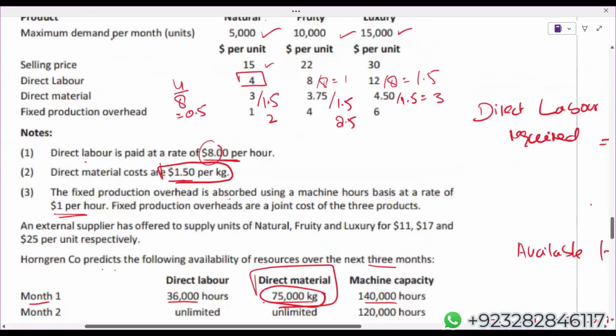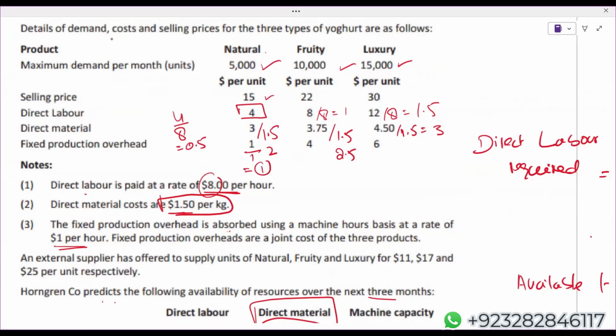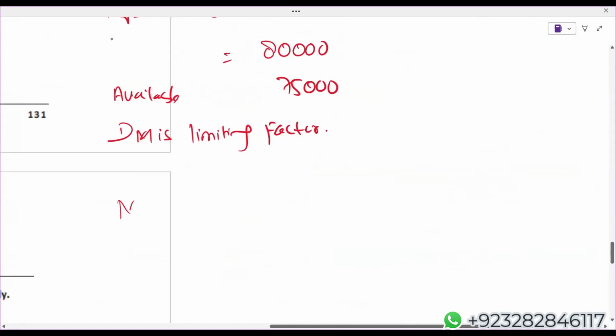So 1 divided by 1 means natural takes 1 machine hour, fruity 4 divided by 1 is 4, and luxury 6 divided by 1 is 6. So 1 unit of natural takes 1 machine hour, 1 unit of fruity takes 4 machine hours, and 1 unit of luxury takes 6 machine hours. Machine hours required.